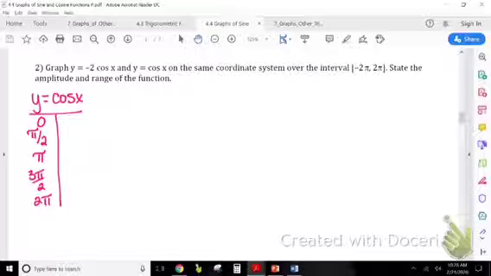And doesn't it start at 1? Good. Cosine starts up at the top, so it's going to start at 1, and then it's going to come down to -1, and once it gets to the bottom, what does it do? It goes back up to 1.